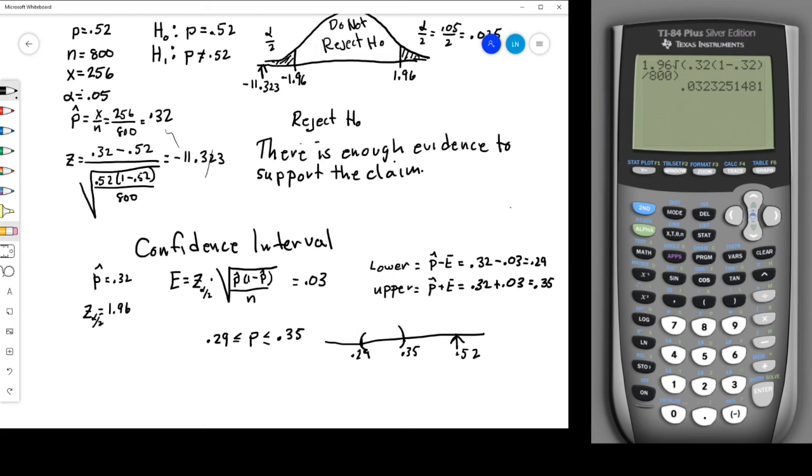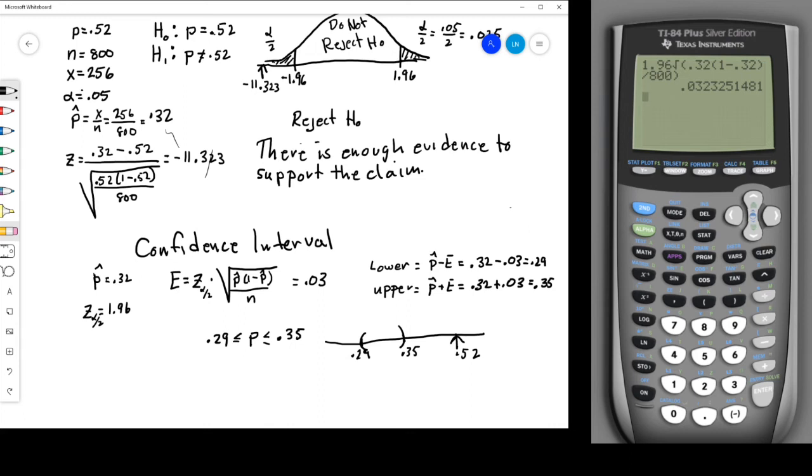Which means, we have to think back to confidence intervals a little bit. If I am doing a 95% confidence interval, that means I can be confident that 95% of the confidence intervals that I produce will capture the population proportion.